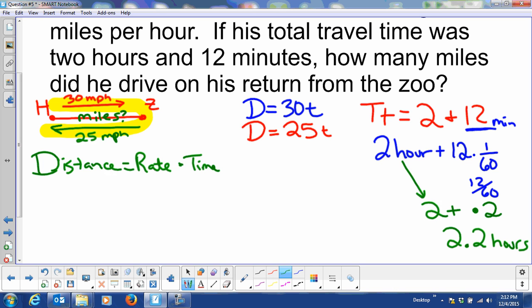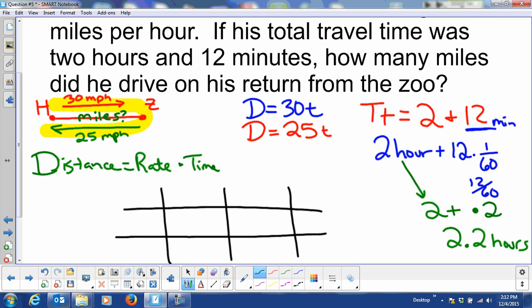Well, sometimes we find it easy with problems like this to set up a type of box, not actually a box, a series of boxes, where we have talking about the distance, talking about the rate, talking about the time. And in this column, I'm going to write about the to the zoo.